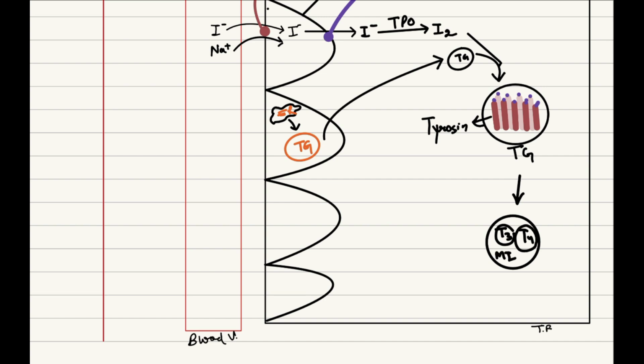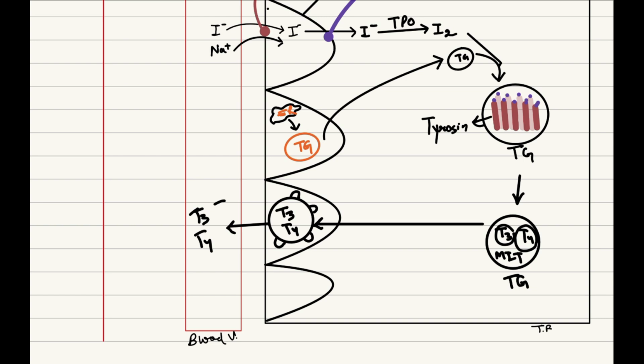So after coupling there is formation of T3 and T4, and there are MIT and DIT as well within the thyroglobulin molecules. When thyroid hormone is to be released, the thyroglobulin containing T3 and T4 is endocytosed. The endocytosed vesicles then fuse with the lysosome, which contains proteolytic enzymes. These enzymes digest the thyroglobulin, resulting in the release of T3 and T4 into the circulation.